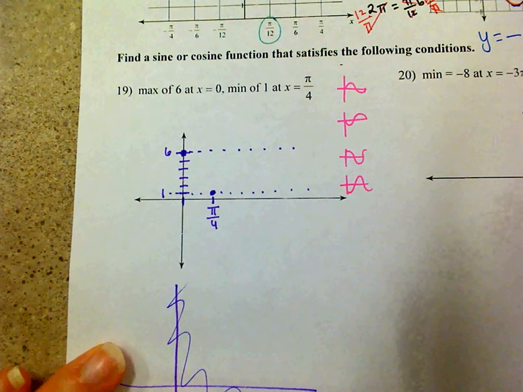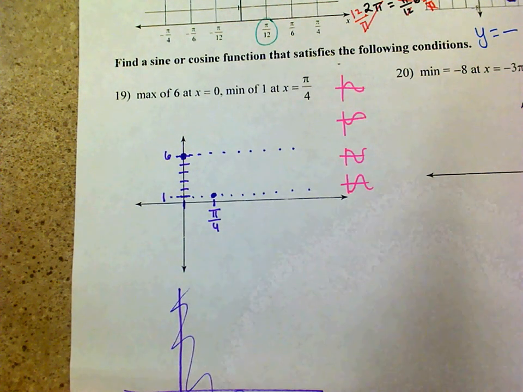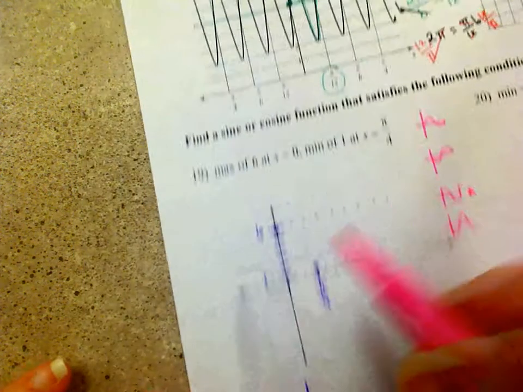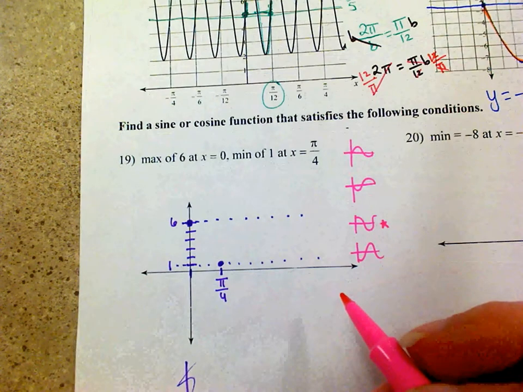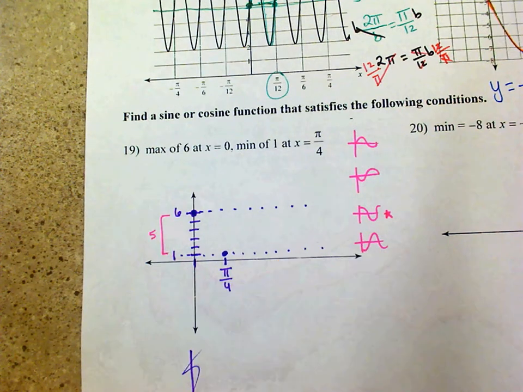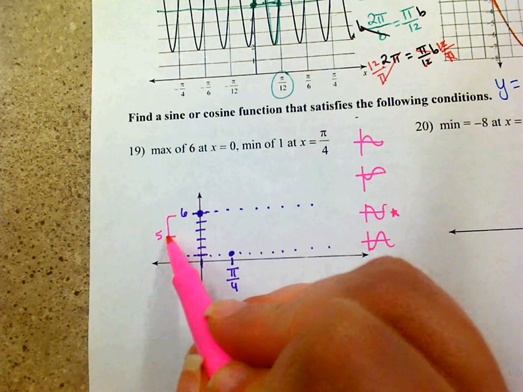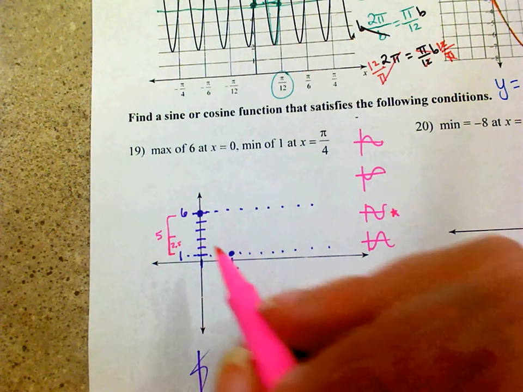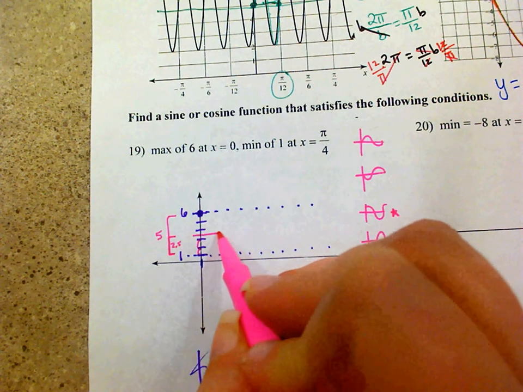That length right there is 5, between 1 and 6, and half of 5 is 2.5. Now, 2.5 up from 1 means my midline is at 3.5. And so I know that my cosine wave looks like this.